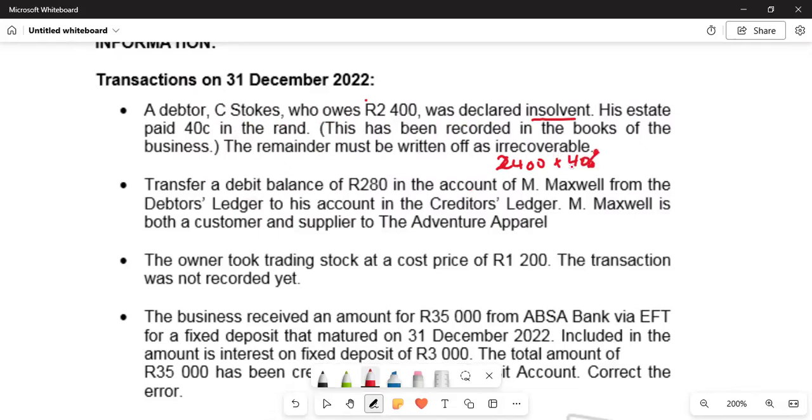That is why we are going to convert the 40 cents to a percentage. So when you multiply 2,400 by 40%, we are going to get what? 960, which is received already.